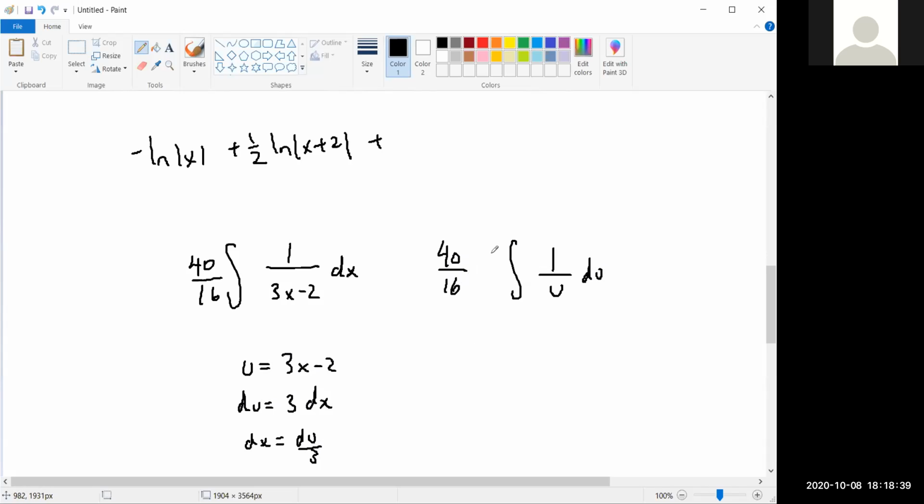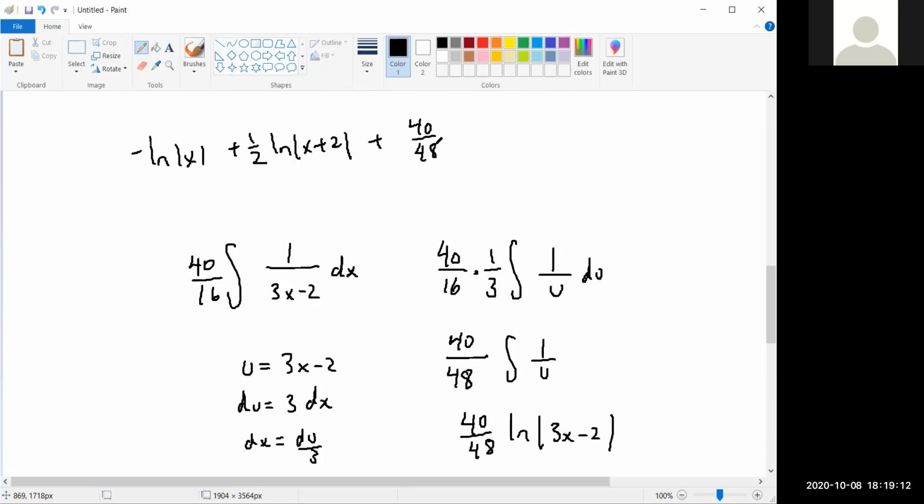So then this becomes 40 over 48, 1 over u. So this is 40 over 48 ln of 3x minus 2. Okay. So that's your last integral. 40 over 48 ln of 3x minus 2 plus c.